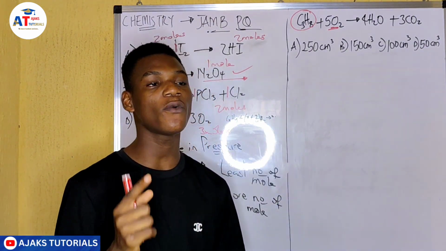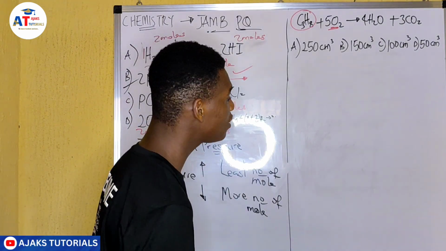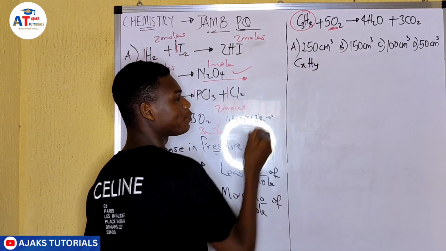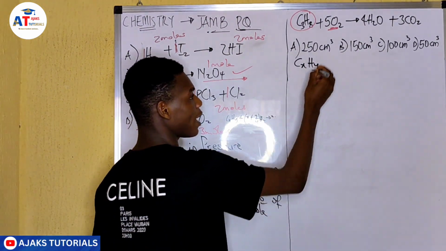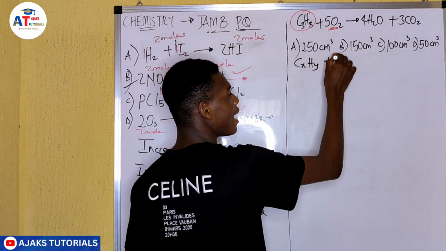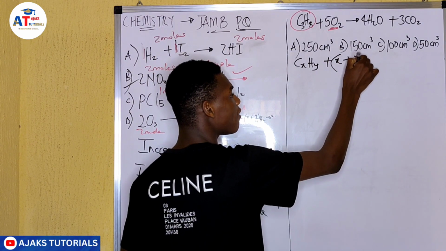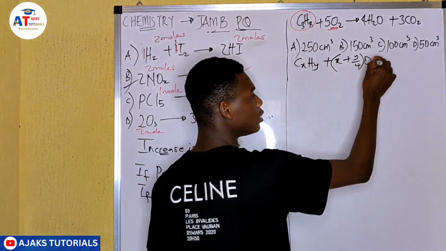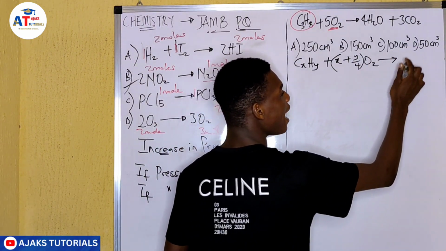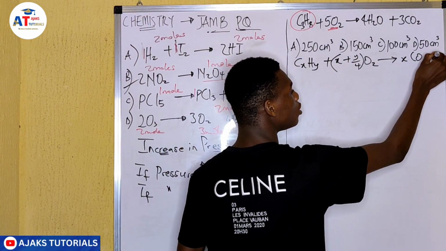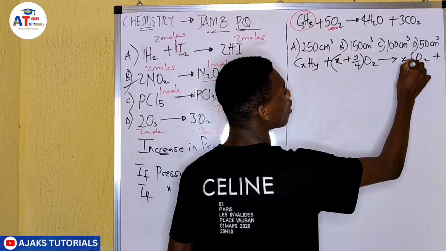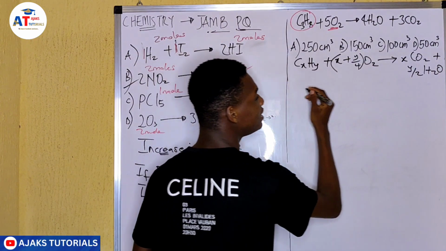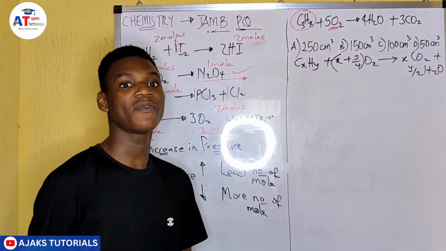The combustion for every hydrocarbon is given by CxHy plus (x plus y over 4) O2 to give xCO2 plus y over 2 H2O.